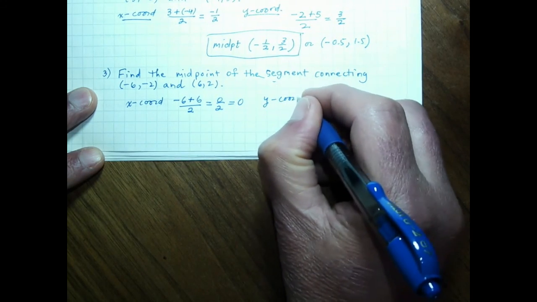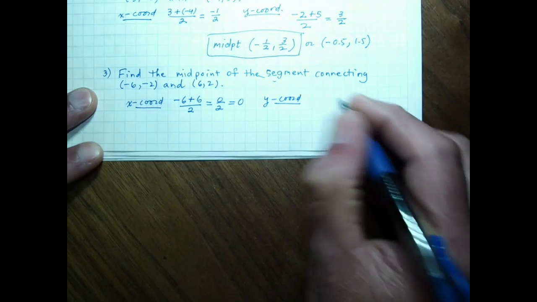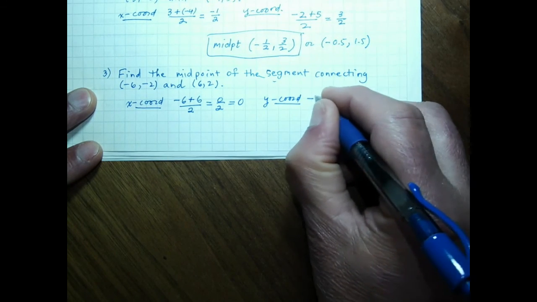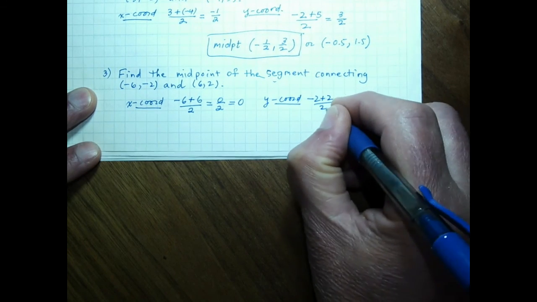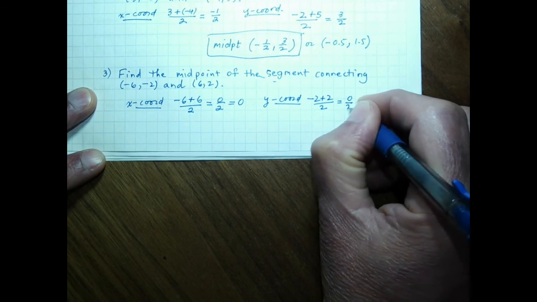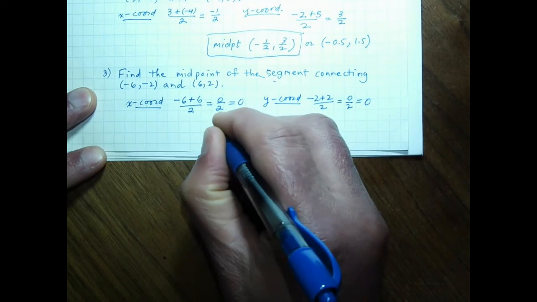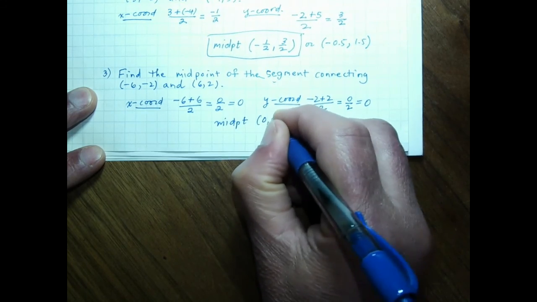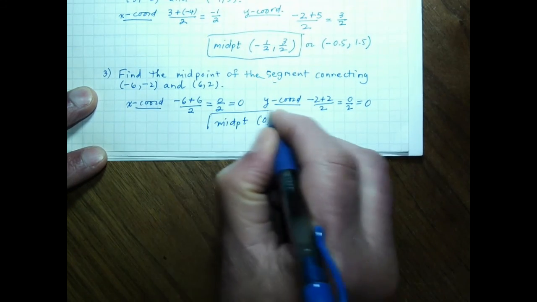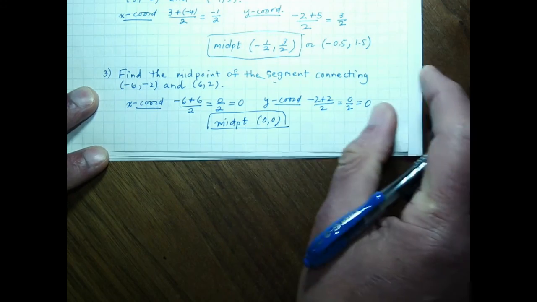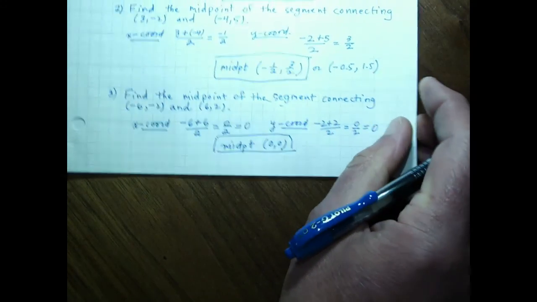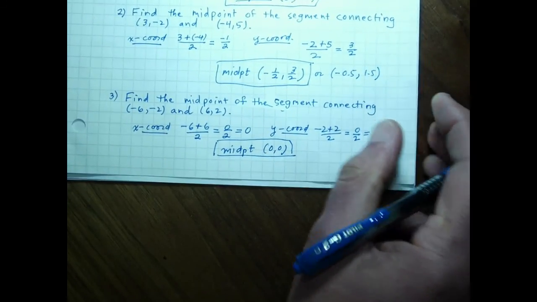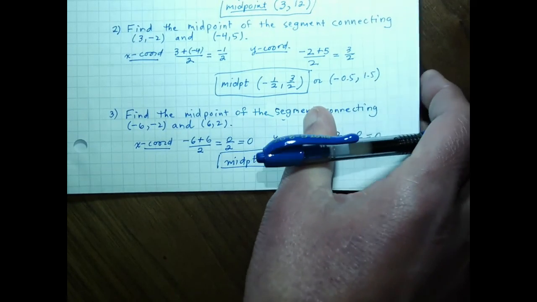And for our y-coordinate, I'm going to take -2 plus 2 divided by 2. I get 0 divided by 2 again, so 0 again. So here, the midpoint is just the point (0, 0). It's just the origin on the graph. So we can get 0 coordinates in this midpoint calculation.